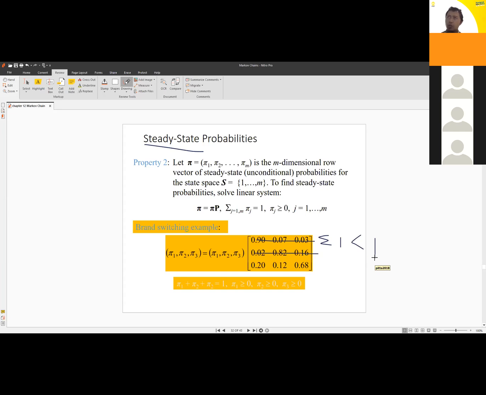Because of the unknown, there is no steady state. In the steady state condition, the total should be well defined, meaning the probability total is equal to 1.